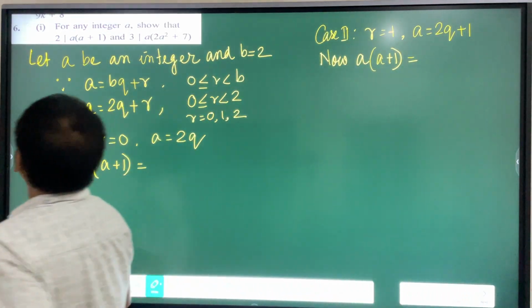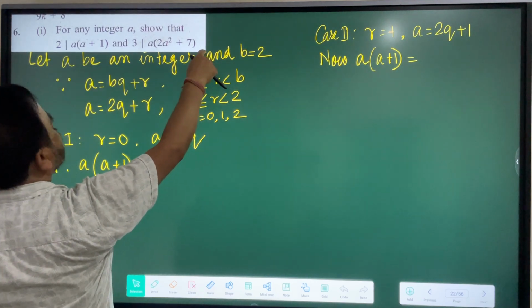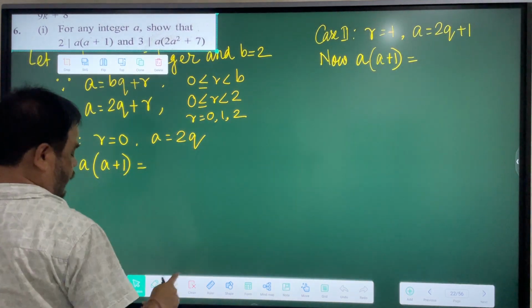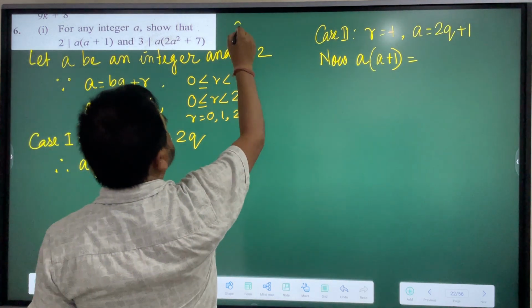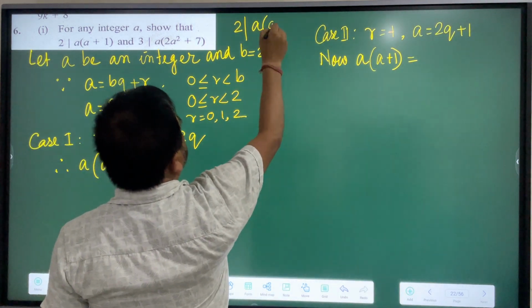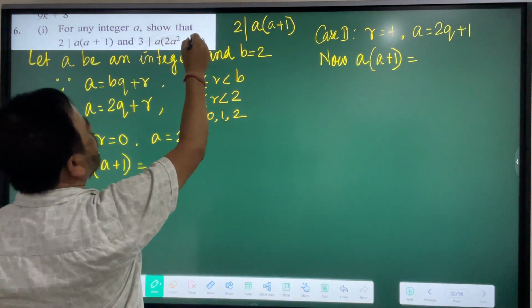Question number 6. For any integer a, show that 2 divides a into a plus 1 and 3 divides 2a square plus 7.